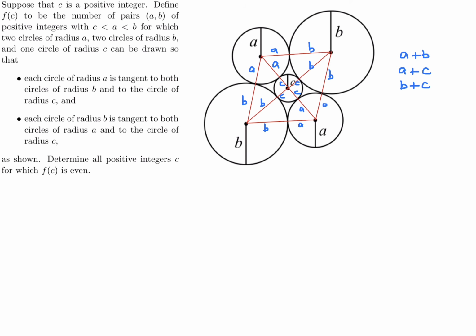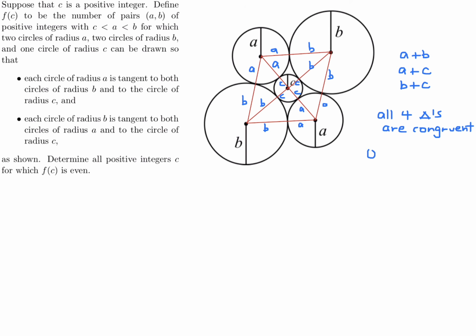A plus b, b plus c, and a plus c. So that means all 4 of those are congruent. So that means that these internal angles, this angle, that angle, this angle, and that angle, all of those angles are the same.